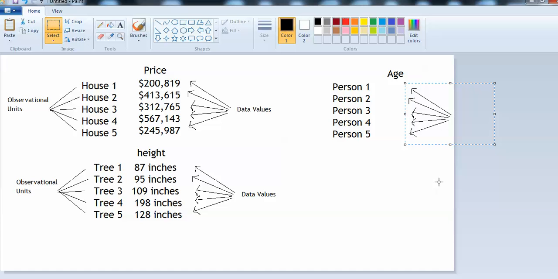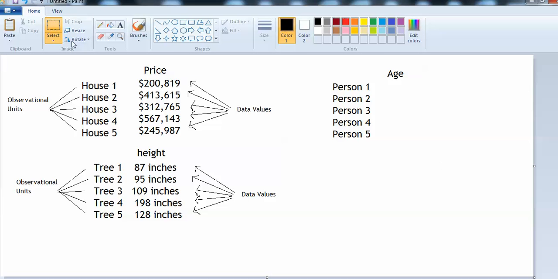The words data value got cut off. Let me see if I can expand this. The 5 ages would be the data values.